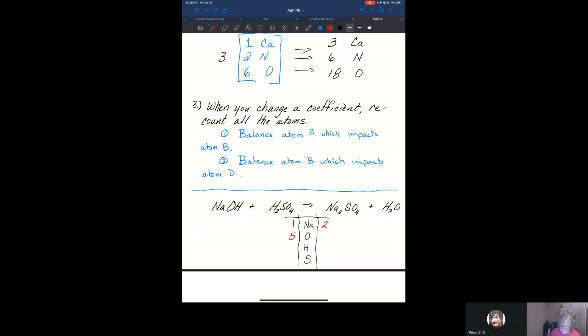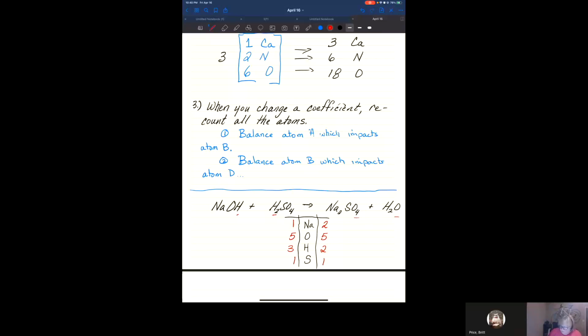And then on the product side, lo and behold, there's 4 with the SO4, and then there's the 1 with water, so that's 5. Whew, that one's balanced. I'm liking that. Hydrogen, I have 3 hydrogens. One's with the NaOH, and then the 2 with the sulfuric acid. And I have just 2 on the product side, and then sulfur, 1 and 1.